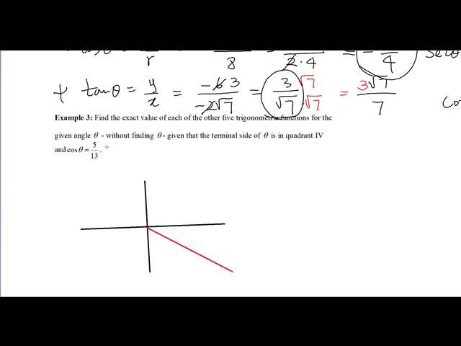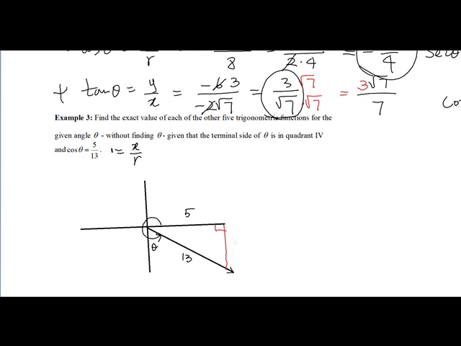And since cosine is x over r, you can use x as 5, r as 13. And since the angle is in quadrant 4, you draw the right triangle this way.